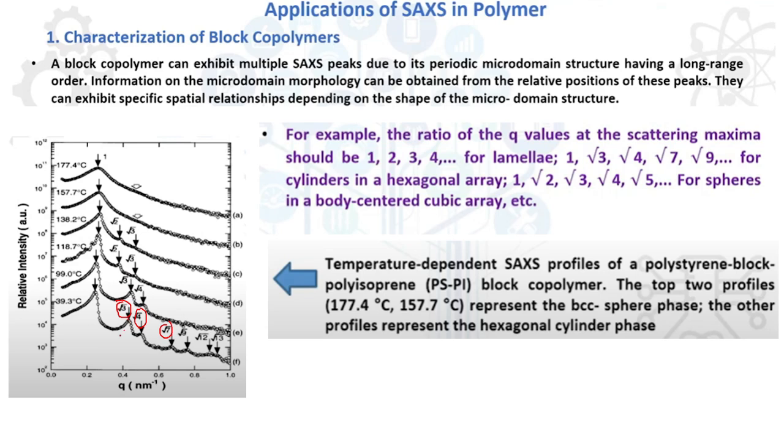The intensity of these peaks, if you check this one, when it is 39 and when it is 177, it is almost vanished. This peak is almost vanished, the root 3 one. So from there you can say what the microdomain structure is, and if you heat the material at a specific heat, how the microdomain structure changes. That can be possible from SAXS.